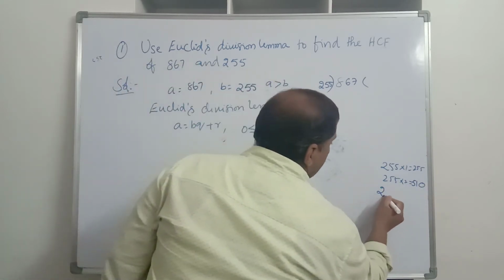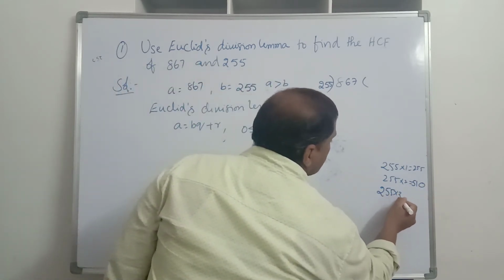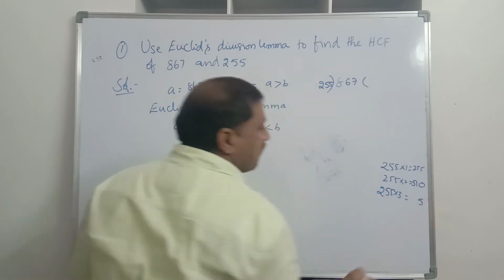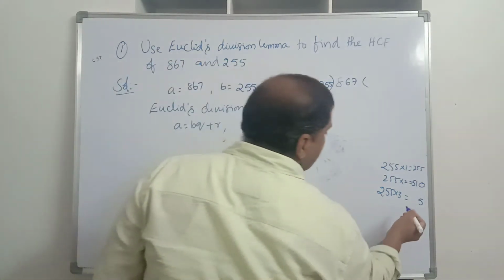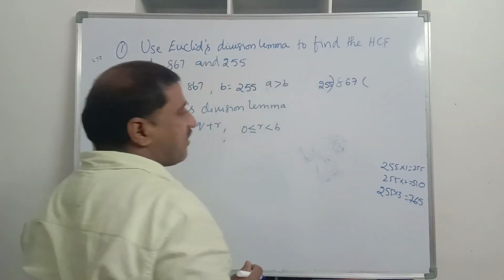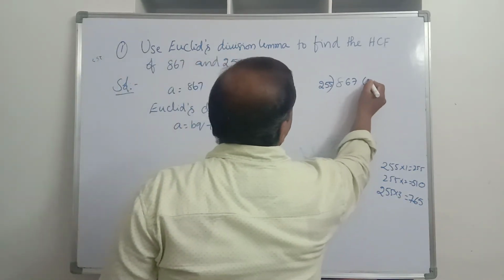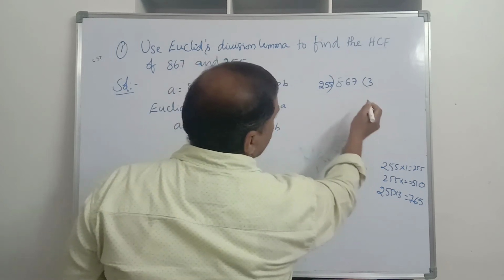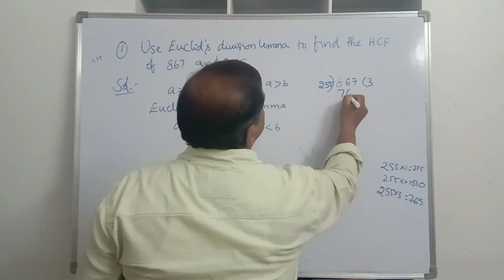Next, 255 into 3: 3 fives are 15, 1 carry; 3 fives are 15 plus 1, 16; 3 twos are 6 plus 1, so 765. It will go approximately 3 times. That is 255 into 3, it is 765.